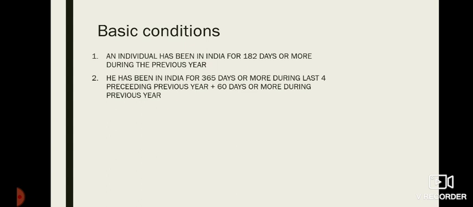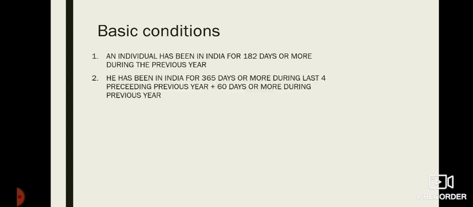That means our previous year is from 1st April 2019 and it ends on 31st March 2020. During this period, he has been in India for 60 days or more. I hope you have understood this second basic condition, that is 365 days in 4 preceding previous years plus 60 days in the previous year. If he stays in India for so much period, then he satisfies the basic condition.